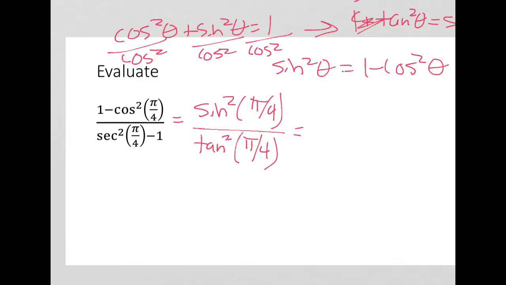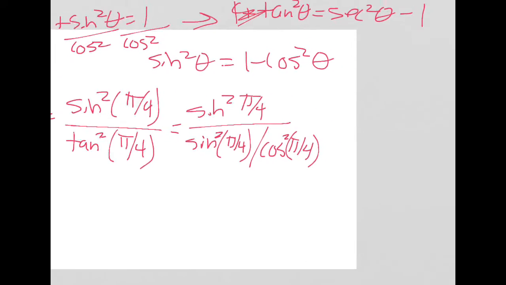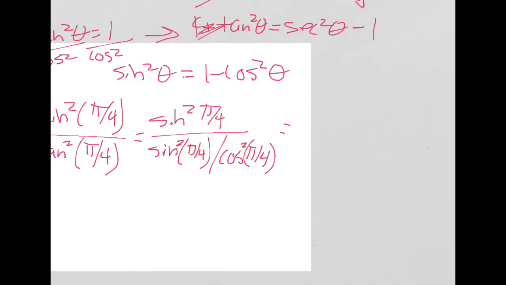But what is tan? Well, I'm going to rewrite sine squared pi over 4 over tan, and tan is sine squared pi over 4 over cosine squared pi over 4. What do we always say when we're dealing with fractions and fractions?